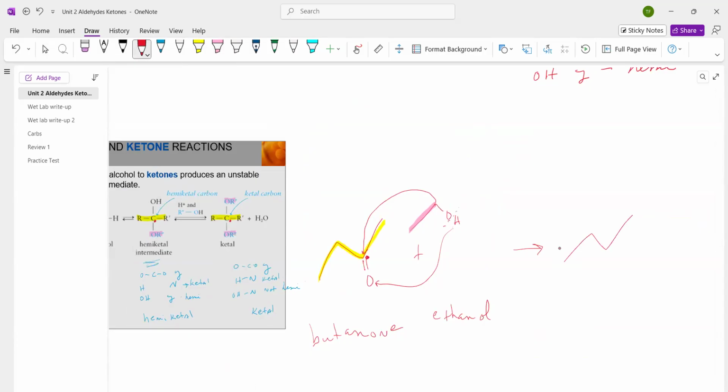So primary backbone, so this is the hemiketal.